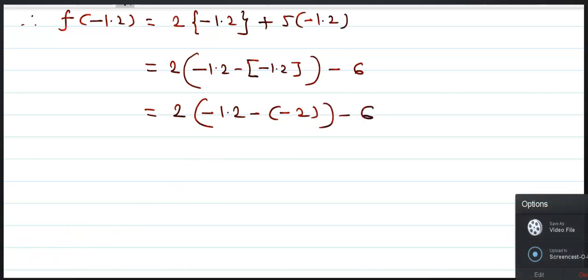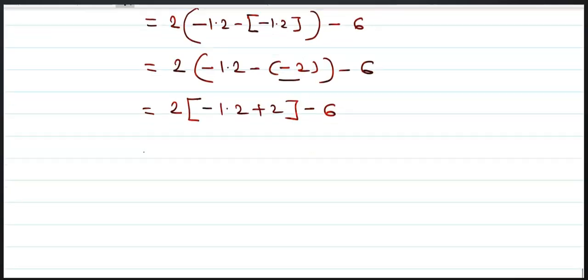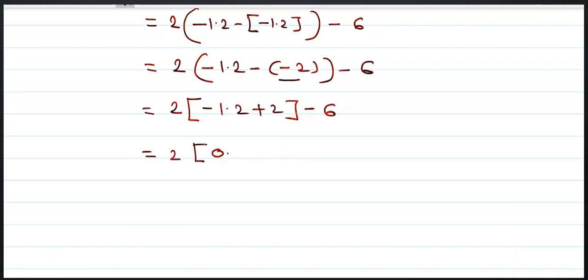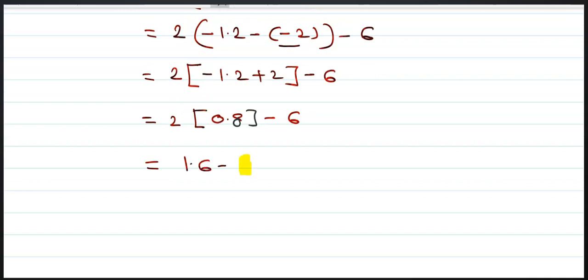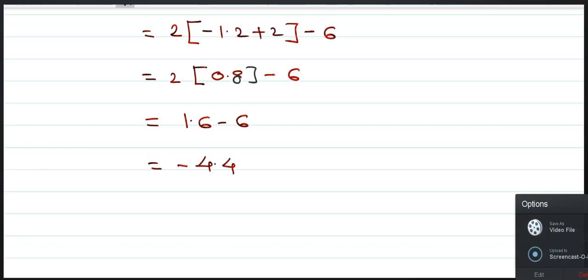Therefore this is important. After simplification, you will get 2 into minus 1.2 plus 2, minus 6. Therefore, there is a 2 into 0.8 minus 6. After simplification, that is 1.6 minus 6. Therefore, minus 4.4, which is the answer.